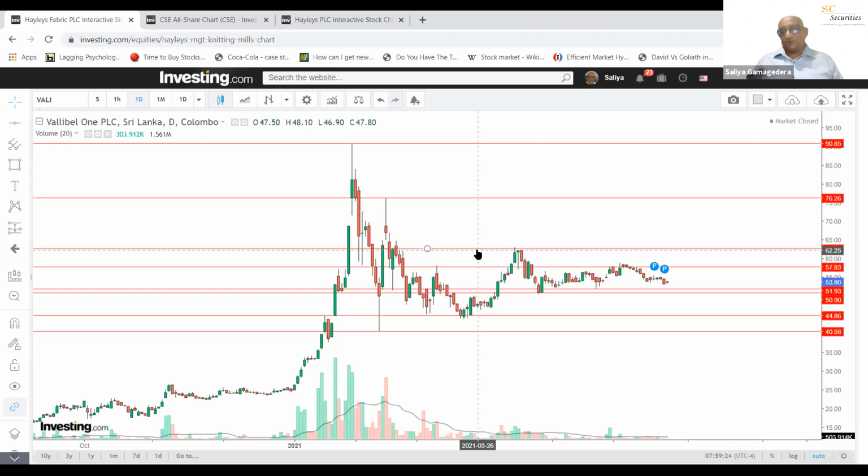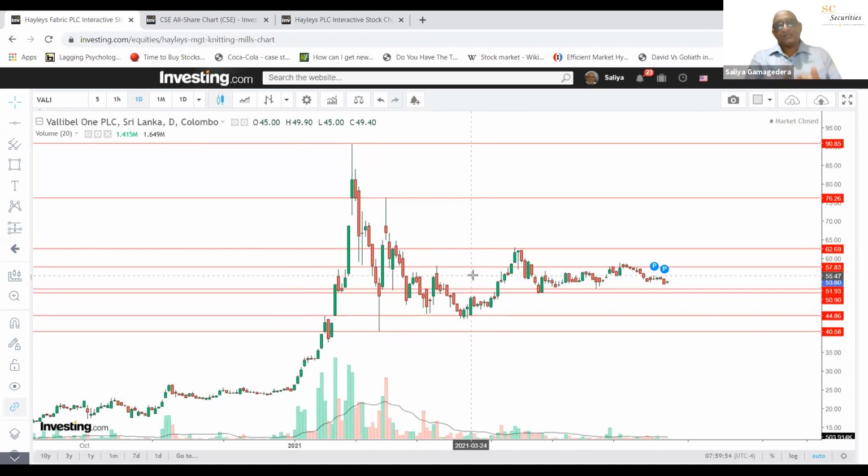Therefore, we have to remember that we use these lines to give us guidance on where the support and resistance levels are going to be tested. Always those levels are going to be tested. But these testing areas invariably become areas for us to be buyers and sellers.